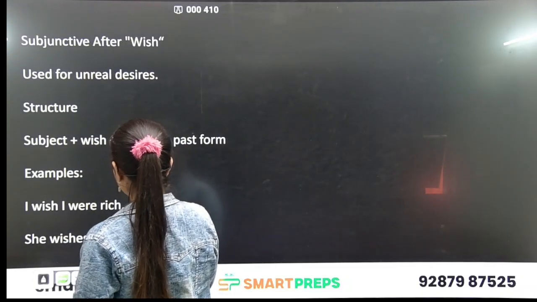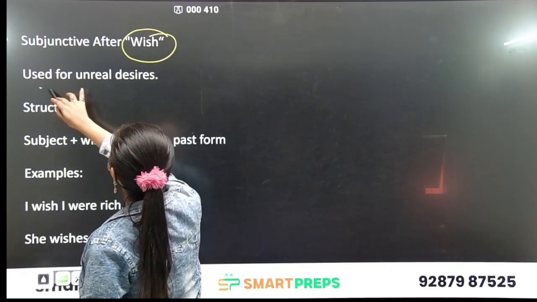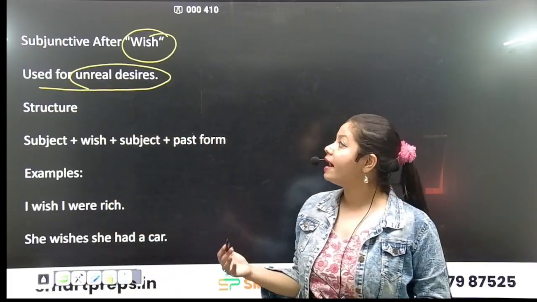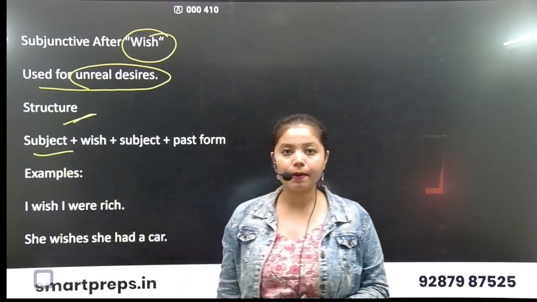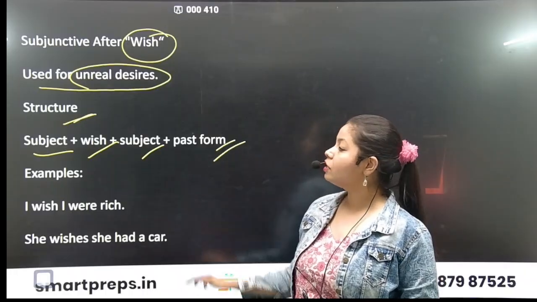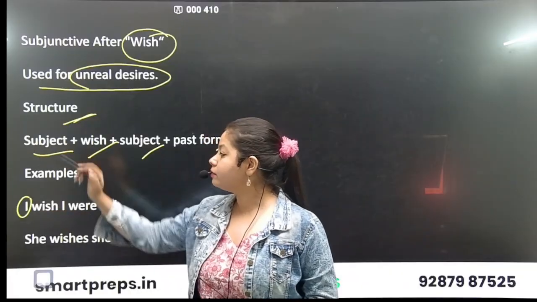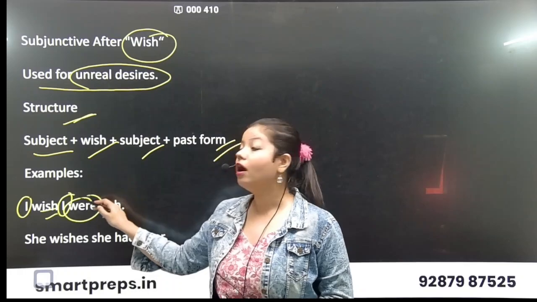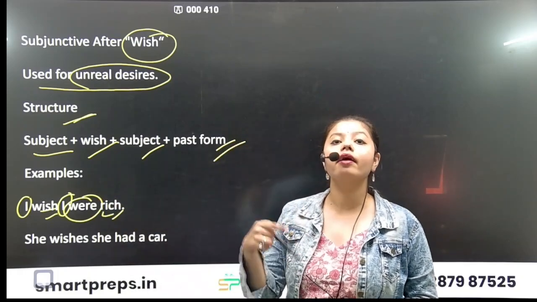Now let's understand subjunctive after wish, which is used for unreal desires. After wish, how will the structure be? First the subject, then wish, then again the subject, plus past form. Let's understand examples. I wish I were rich.